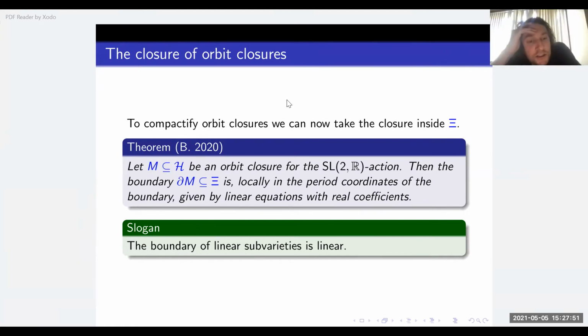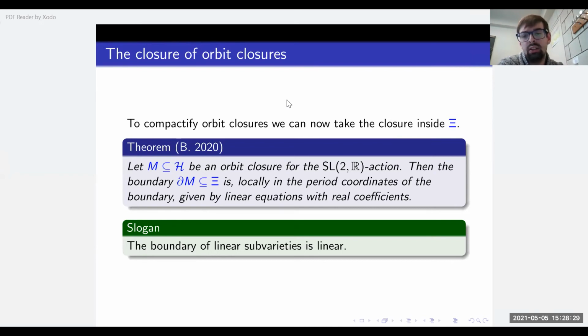Any chance that the slogan can be turned into a theorem that generalizes the theorem above, so that it holds in a more general setting than just orbit closures? Like, the boundary of linear subvarieties are linear subvarieties. Well, what I prove is not concerned only with orbit closures.